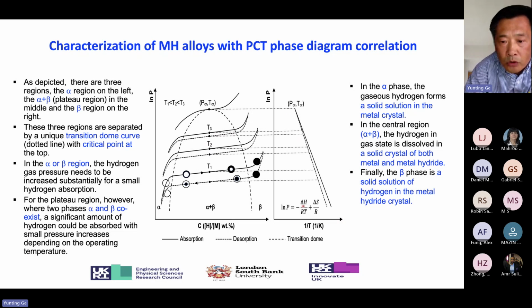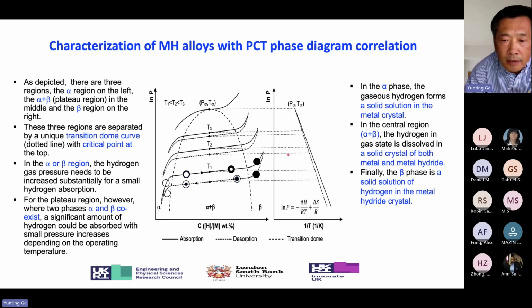This diagram shows you the relation between pressure and temperature. You can see the log of pressure has a linear relation with the reciprocal of temperature here. Delta H is the reaction enthalpy, and delta S is the reaction entropy.